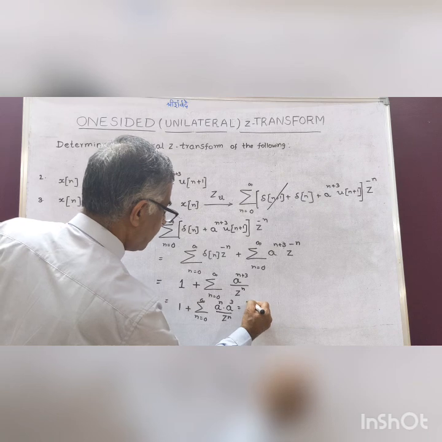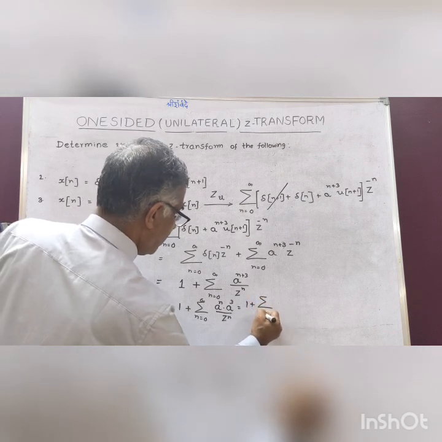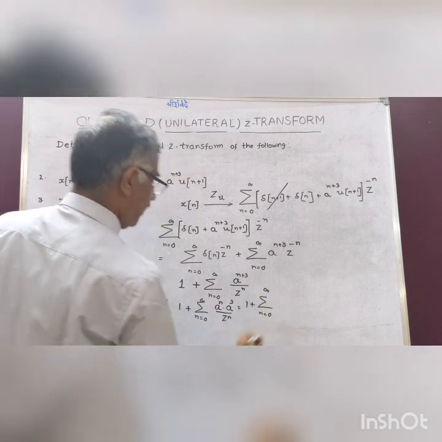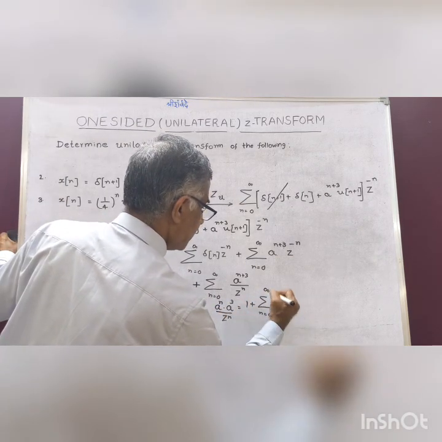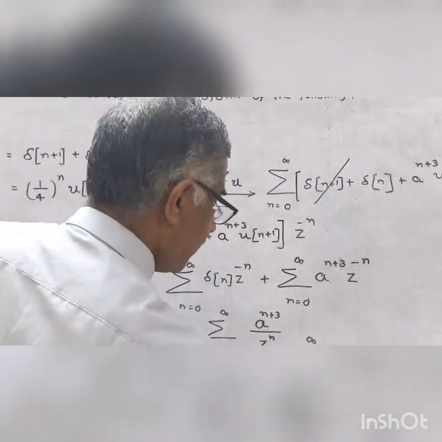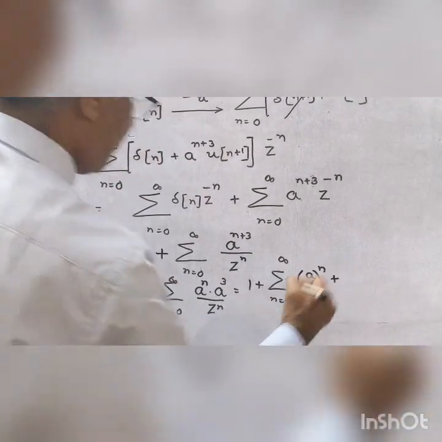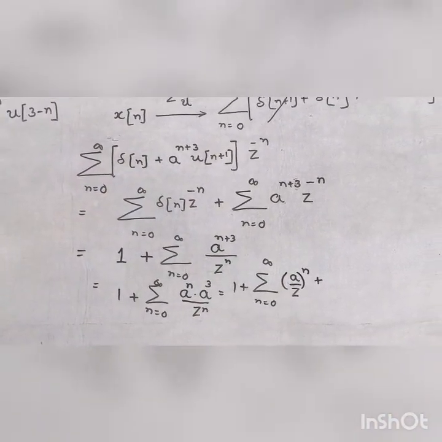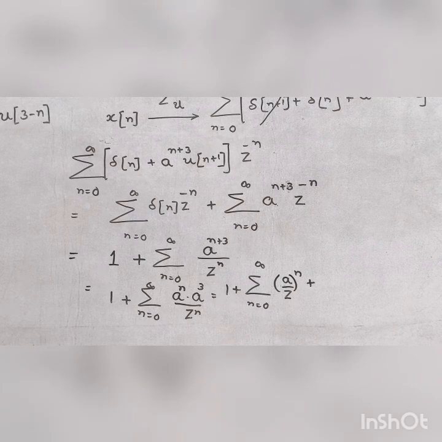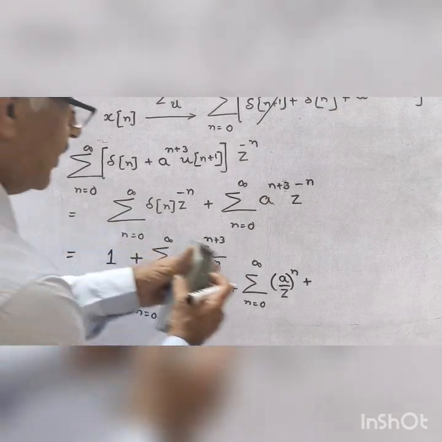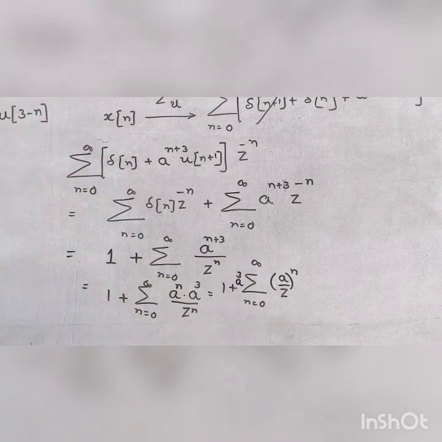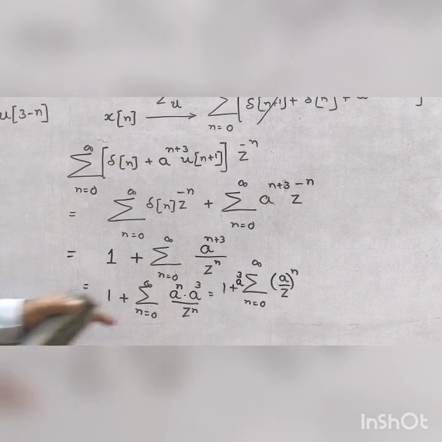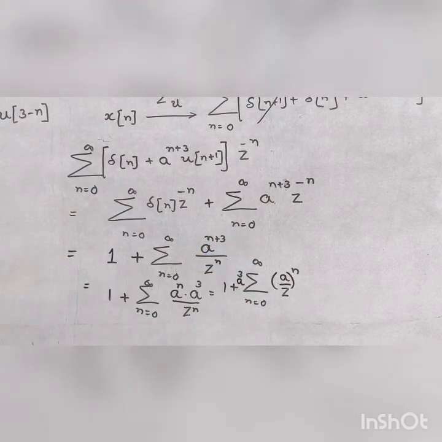This is equal to 1 plus summation n equal to 0 to infinity a by z to the power of n. Here take a to the power 3 outside, because a is a constant coefficient, a power 3.